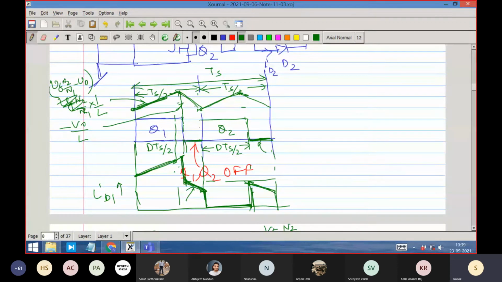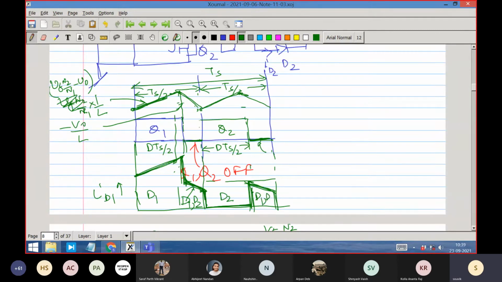So this is the diode current D1. This is half because both D1 and D2 are conducting. Here only D1 is conducting. Here D1 and D2 are conducting. Here D2 is conducting. Here D1 and D2 are conducting.